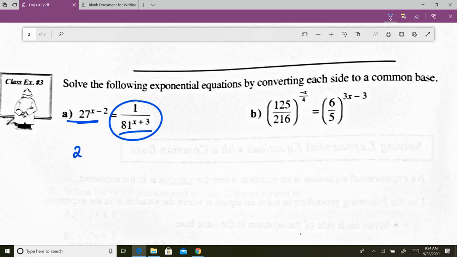Okay, so 27 to the power of x minus 2 is equal to 81 to the power of negative x plus 3. Wow. So it's the negative exponent. Now what do I do?